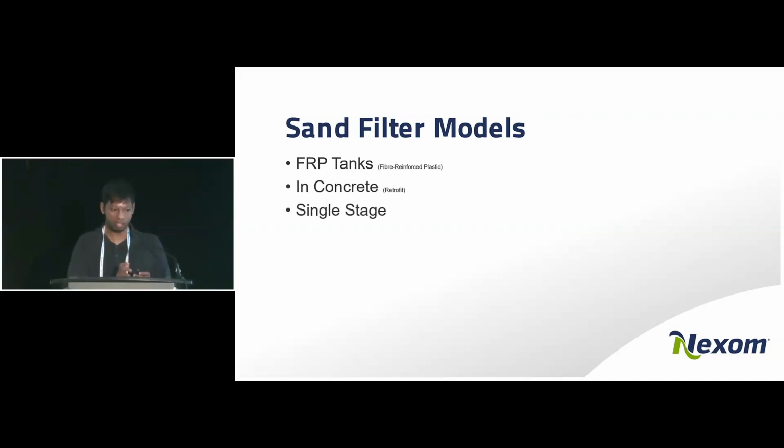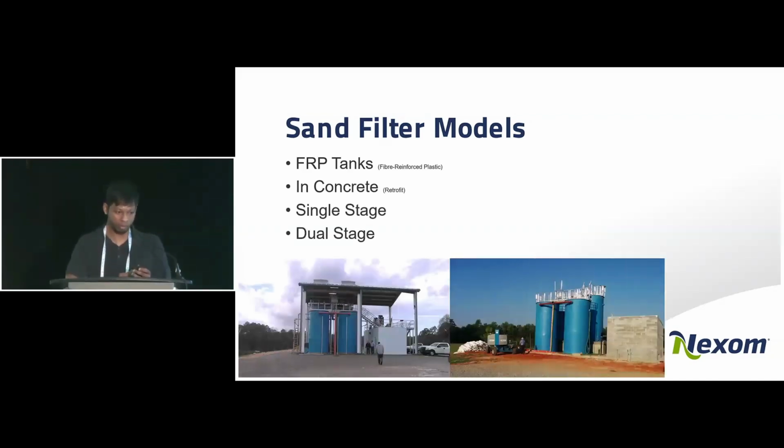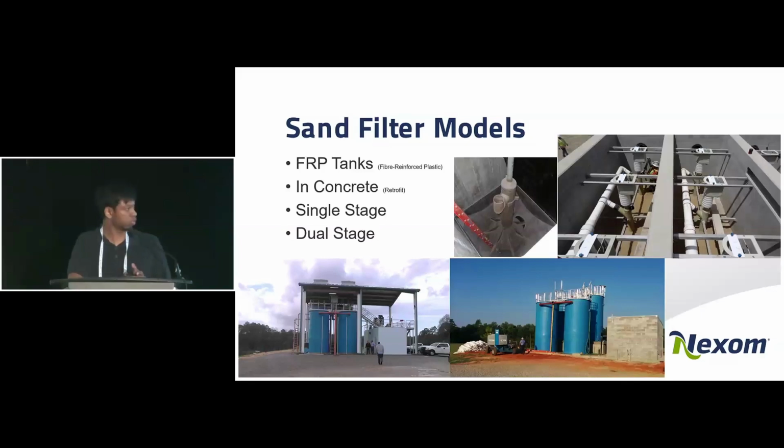It can be installed in single stage or dual stage, depending on the requirement. This is how a typical sand filter looks in an FRP tank, and the top picture shows how it looks in concrete.